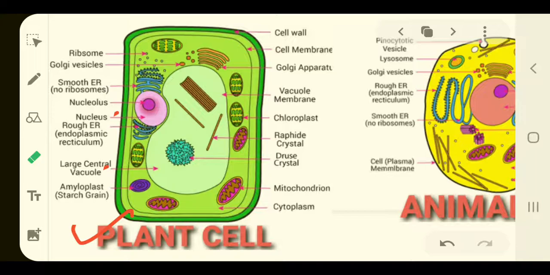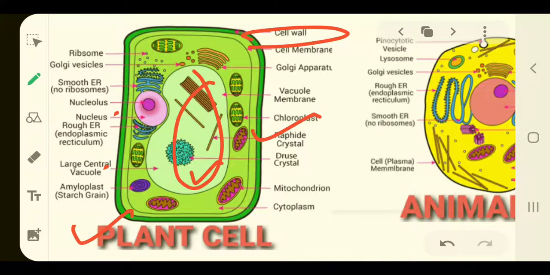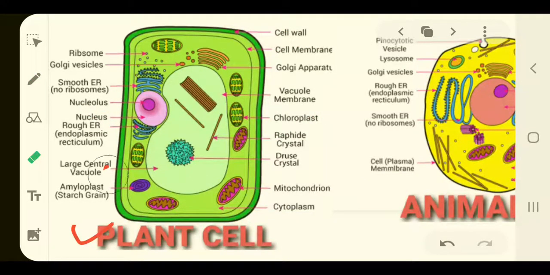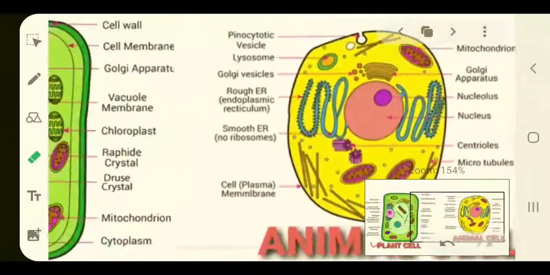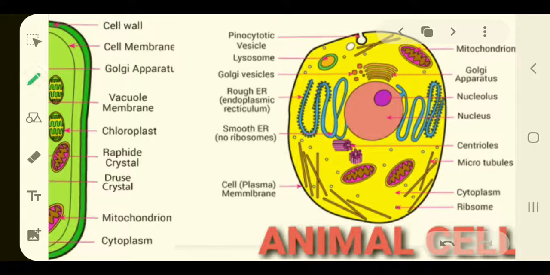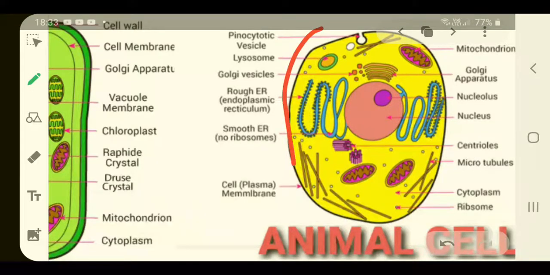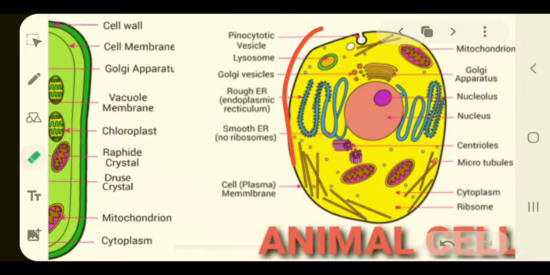So this is the plant cell, you can see it has a cell wall at the top, so that gives it a definite shape, and you can see the size of the vacuole, it's so big here. That's why the nucleus is at the side in the case of plant cells. While in the case of an animal cell, if you see the structure, you can see they won't have any outermost layer like the cell wall that plants have.